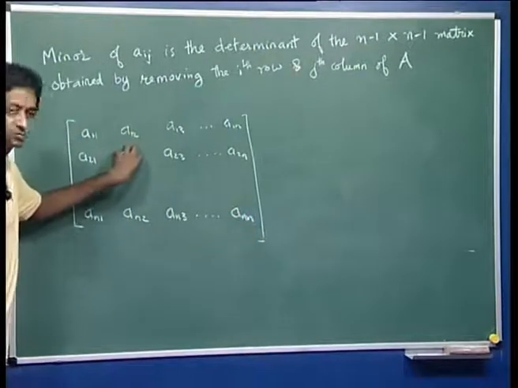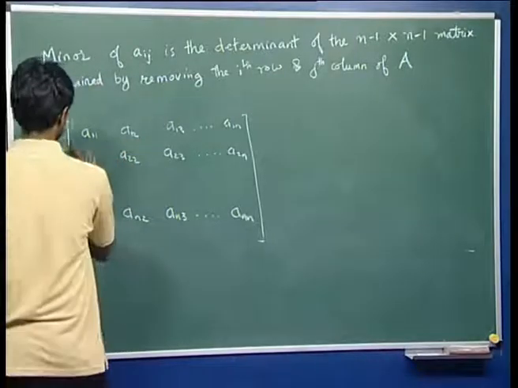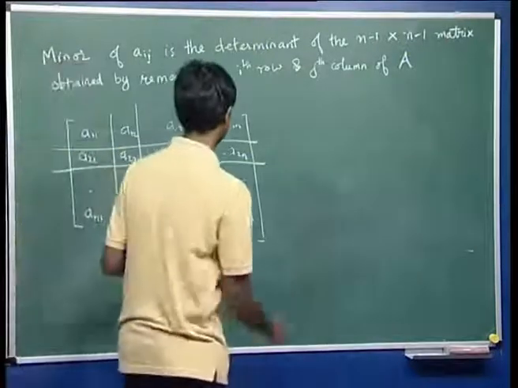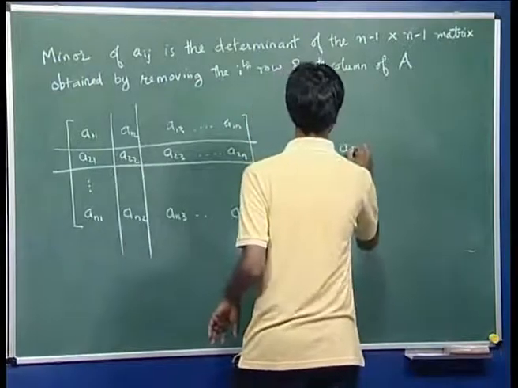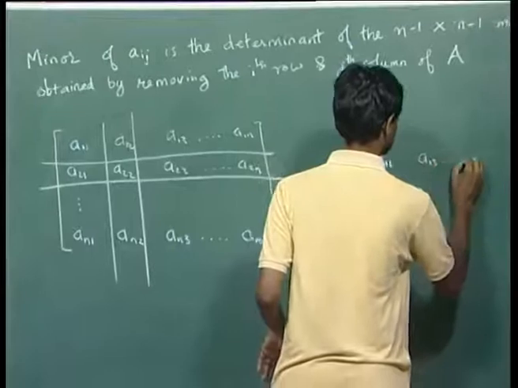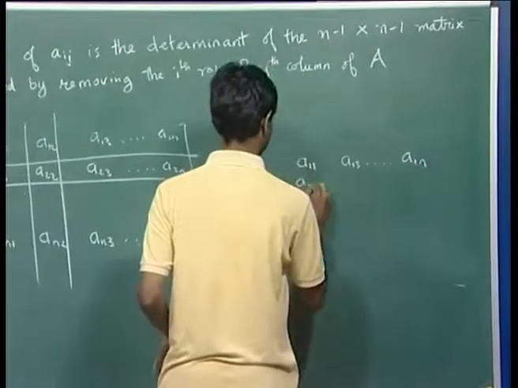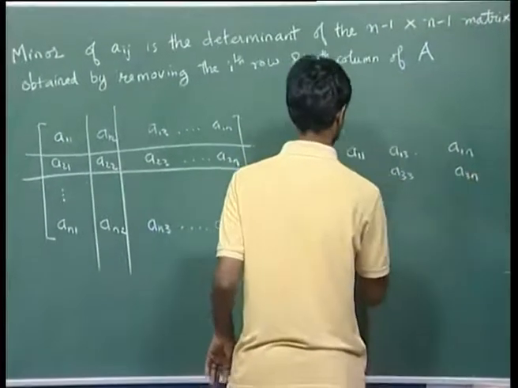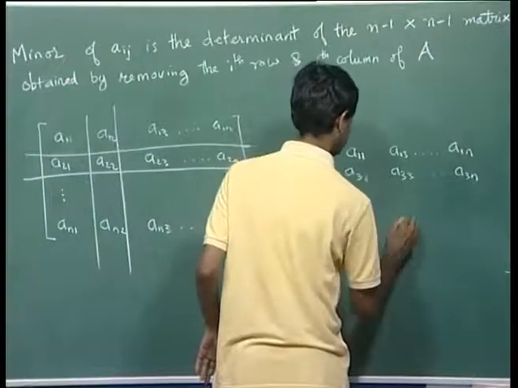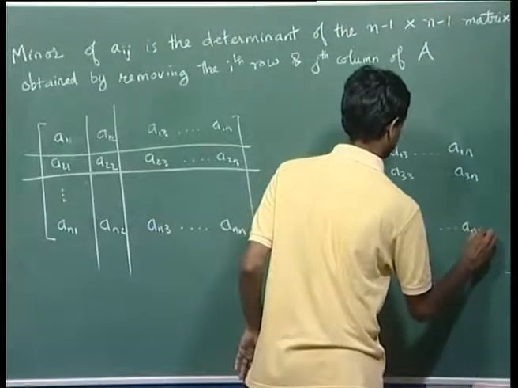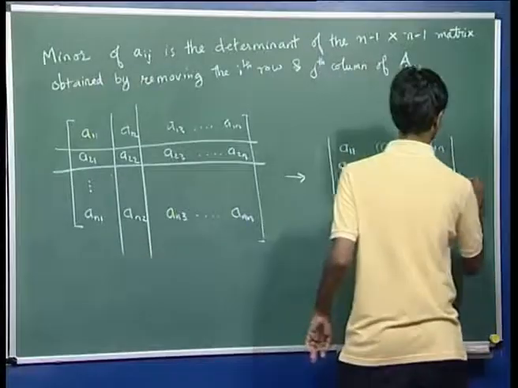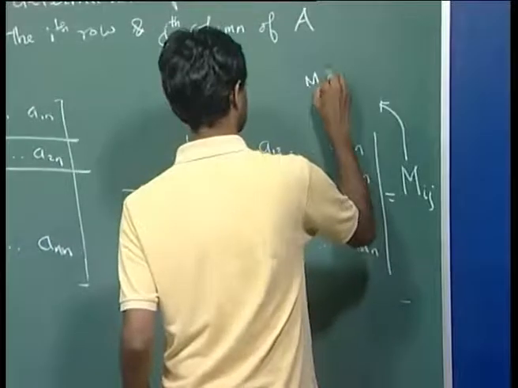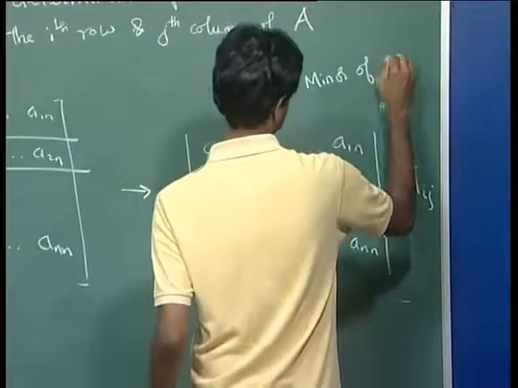If you want to calculate the minor of A22, then what you do is you remove this row and this column, and you will get a matrix with rows A11, A13, up to A1n, then A31, A33 up to A3n, all the way up to AN1, AN3 up to ANN, and the determinant of this matrix is called the minor of Aij. So, this is the minor of Aij.